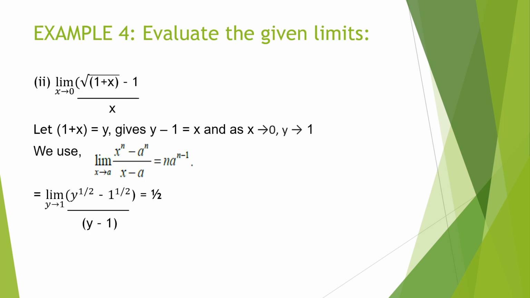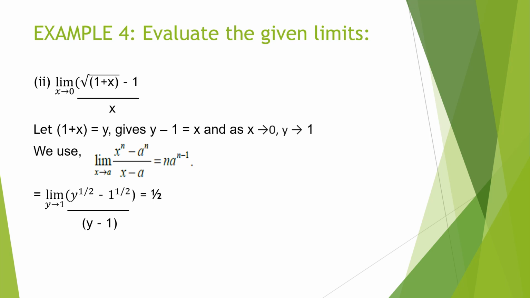Second one: limit x tends to 0, root of 1 plus x minus 1 upon x. Now we want to use our result on the limits. So take 1 plus x as some y. So y minus 1 will be equal to x, because we have taken 1 plus x as y. Now in the given question, if x tends to 0, what will y tend to?